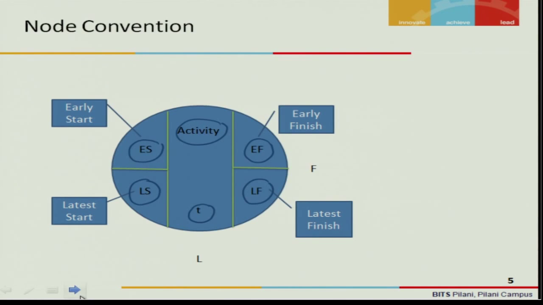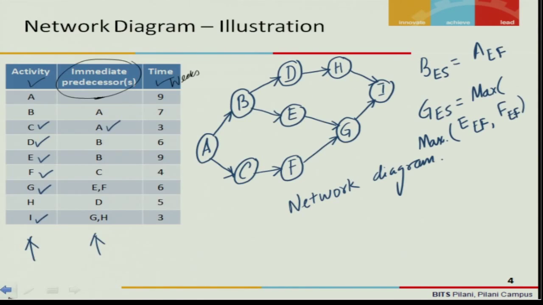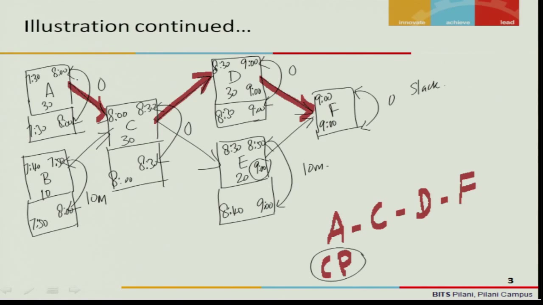Let us use the formula for an example to understand it better. So the maximum of early finish of all immediate predecessors. What is EF? EF is nothing but the early start plus the activity time. Do you understand this in this case? Here you have seen this is nothing but 7:30 plus 30 minutes is 8, right?